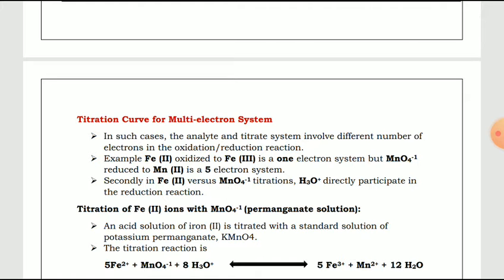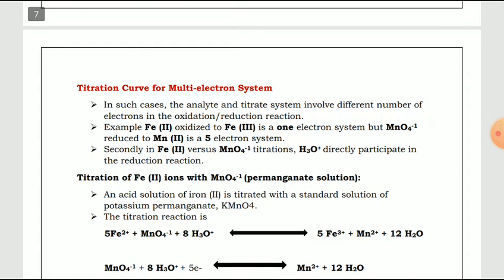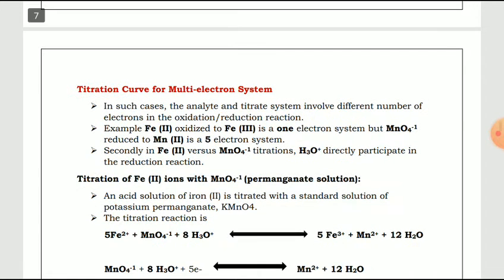Titration of ferrous ions with permanganate solution in acid solution: iron(II) is titrated with a standard solution of potassium permanganate, that is KMnO4. The titration reaction is the first reaction, and this one is the second reaction.